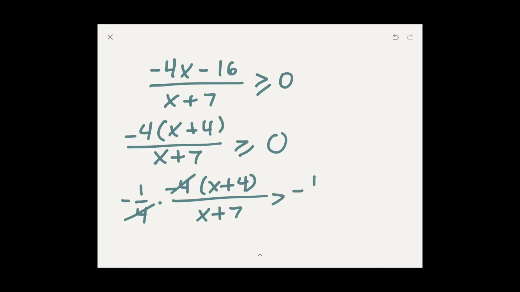And negative 1/4 times 0 is just 0. But remember that when you multiply by a negative, you have to flip the inequality symbol. So now we have x plus 4 over x plus 7 less than or equal to 0.